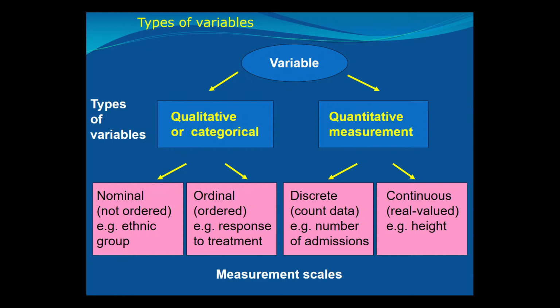An example of discrete variable is number of admissions. Examples of continuous are height, weight. A lot of medical variables belong to the quantitative variables.